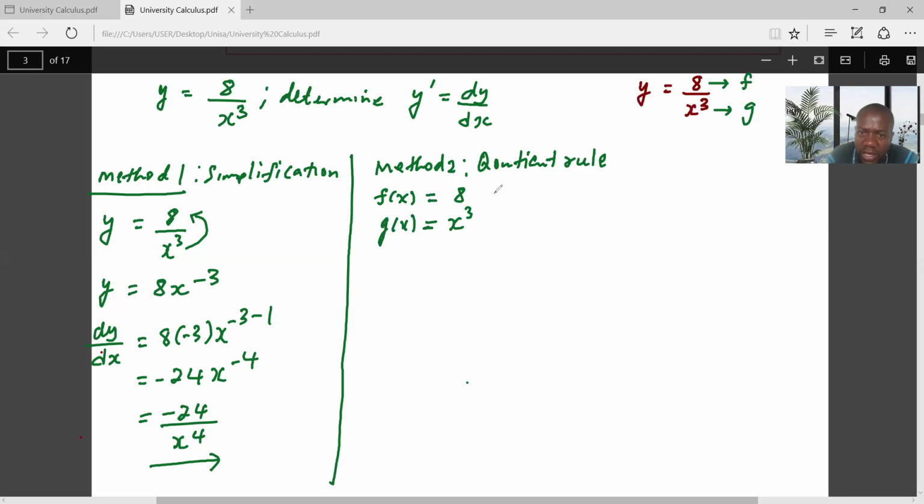So we can even determine the f prime of x and the g prime of x just using the rules of differentiation. This is a constant. The derivative of a constant is 0. This one we're going to use rule number 1, which gives 3x squared. Right, let's now write the definition.